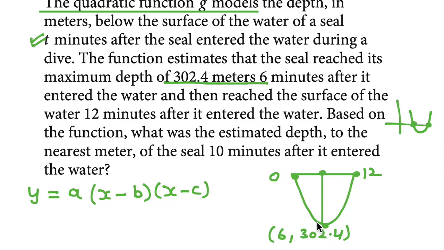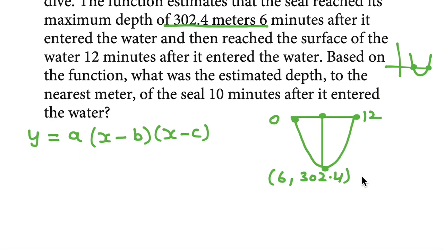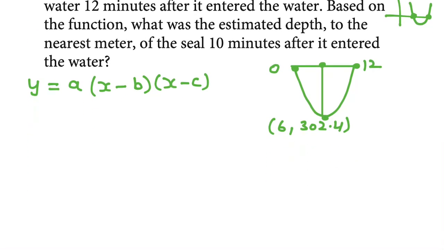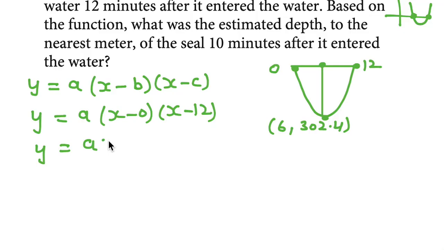So everything is going perfect and two of the zeros are 0 and 12. That means we can do y is equal to a, x minus 0 and x minus 12, because these are the zeros of the polynomial, or I can write it as a x times x minus 12. Now we have to find this a, right?